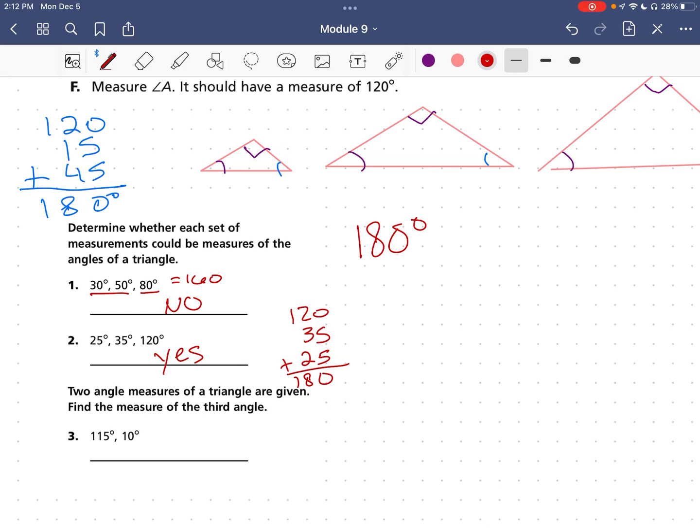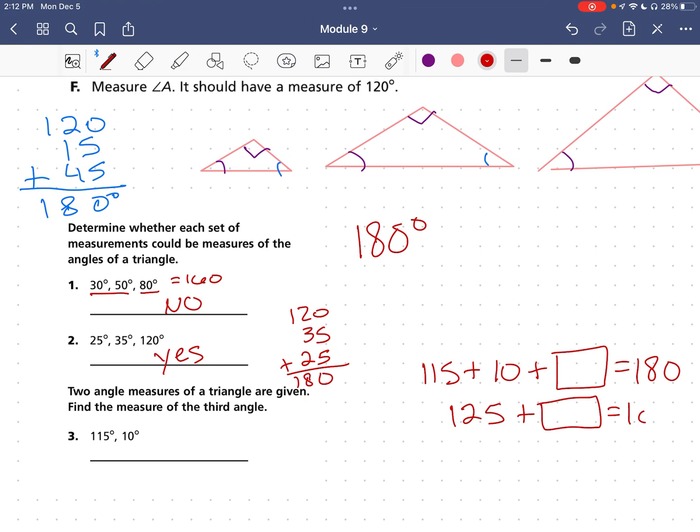Now, if you're given 2 angle measures and you need to find the third, you're going to have 115 plus 10 plus something is 180. You can add a variable in there if you want. But we're going to have 125 plus that something is 180. Pause the video. What do you think?